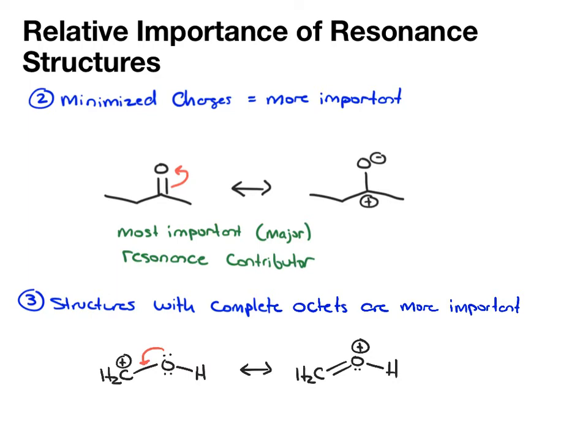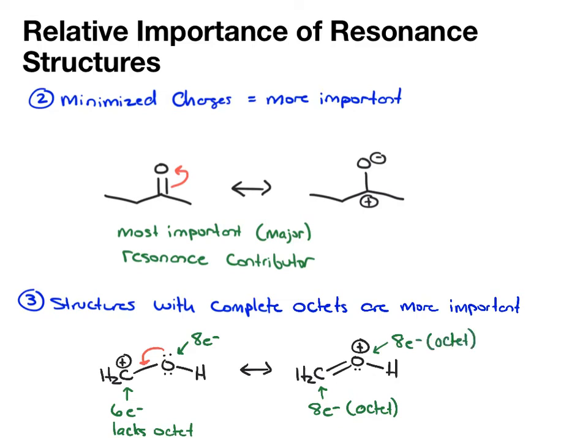Now, if you look at these two structures, this carbon on the left here lacks an octet. It only has 6 electrons. The oxygen has 8 electrons, so it's good. The hydrogen has its duet, so it's good. Well, in the other resonance structure, now because we've shared oxygen's lone pair, this carbon now has 8 electrons. It has an octet. The oxygen, even though it has a charge, it still has its 8 electrons and it has its octet.